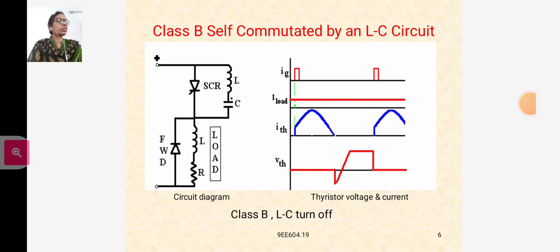The capacitance C charges as positive at the upper plate, and the gate pulse is applied to the SCR. When the SCR is triggered, the resulting current has two components. The constant current I load flows through RL.